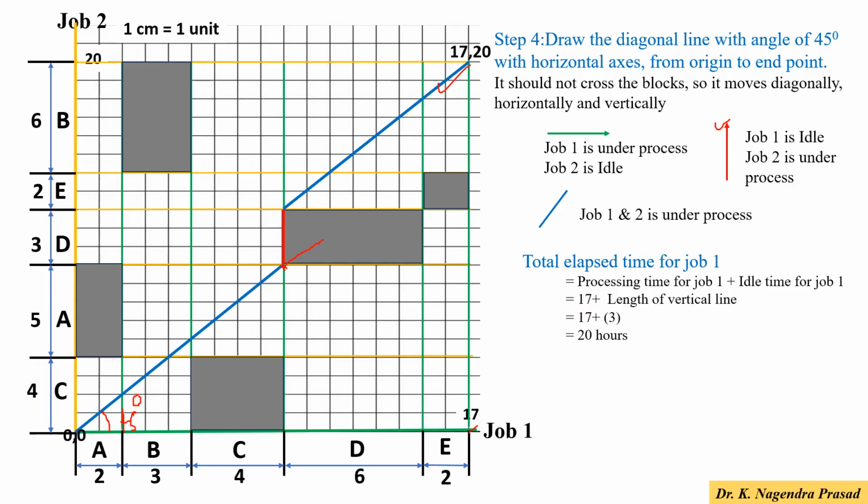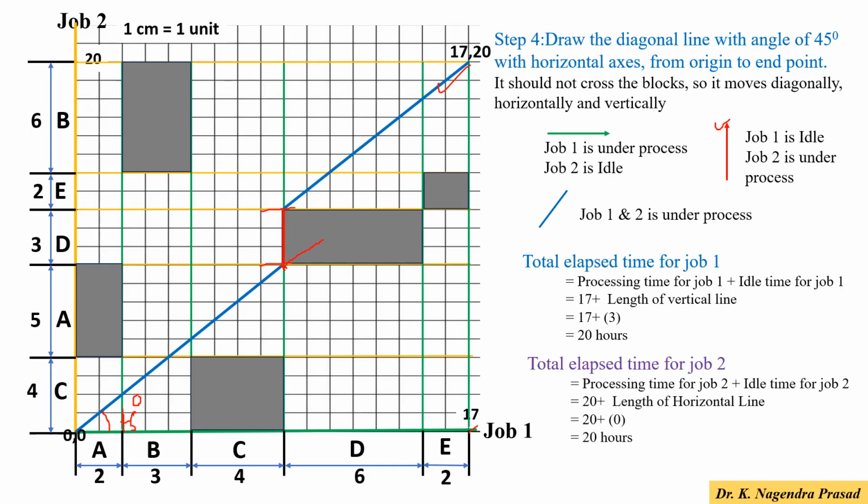So here the vertical line is 3 centimeters in height, so 3 hours is the idle time for job 1. So total elapsed time for job 1 is the processing time 17 hours plus length of the vertical line, that is 3 hours. So 17 plus 3 is 20 hours, the total elapsed time for job 1.